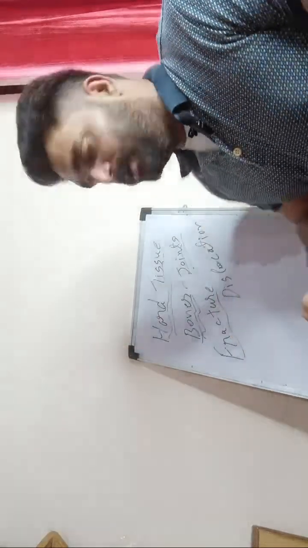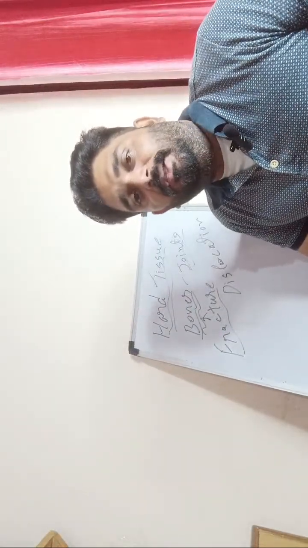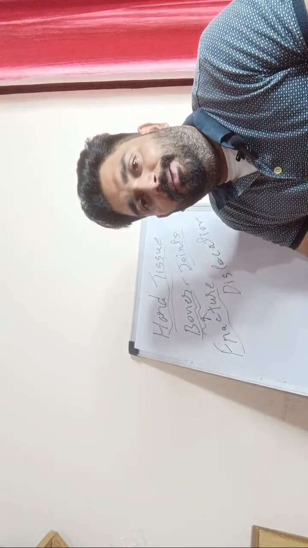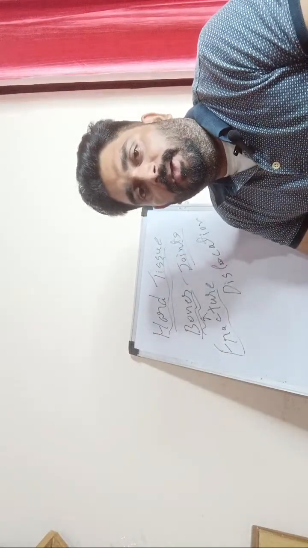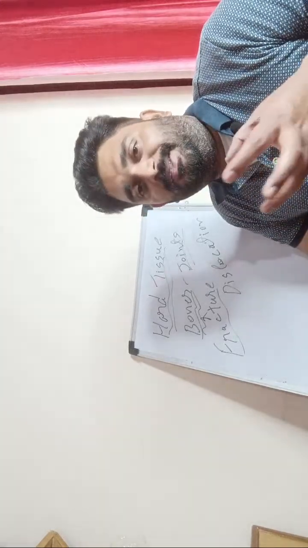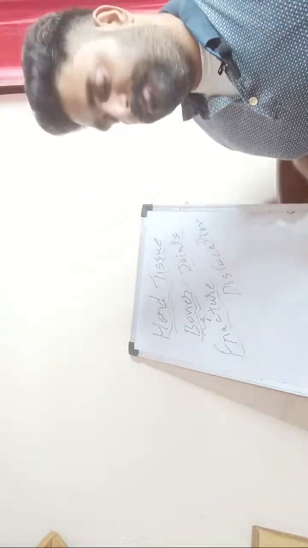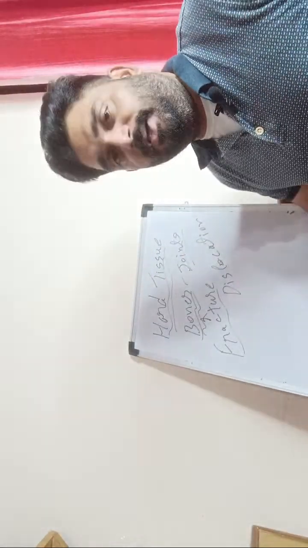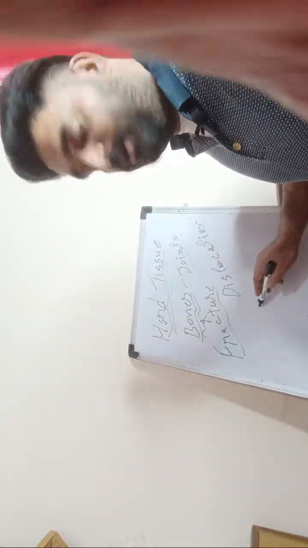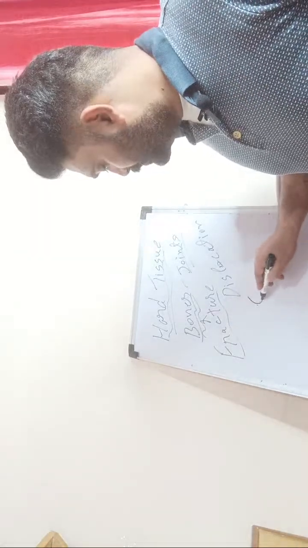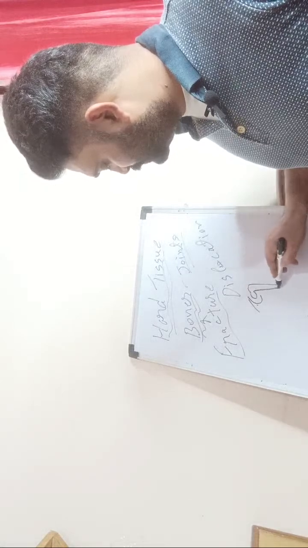So what is fracture? When a bone is broken partially, incompletely, completely, or in many pieces, a bone broken into two or more pieces is called fracture. When a bone is displaced from its original position, like I will draw, there is a shoulder girdle and this is a ball and socket joint.